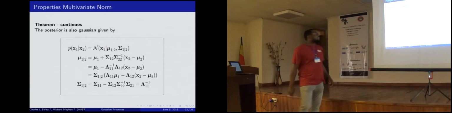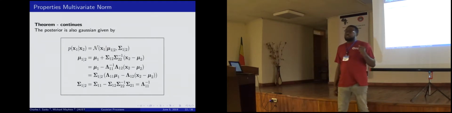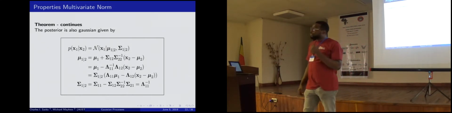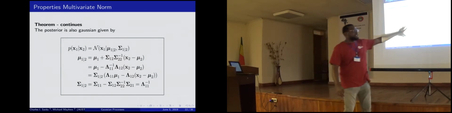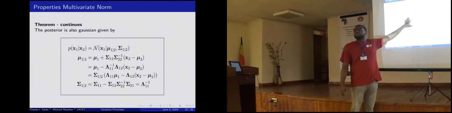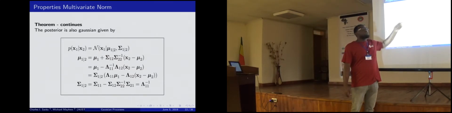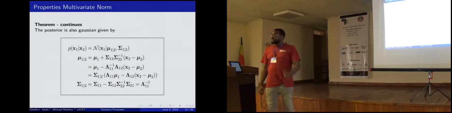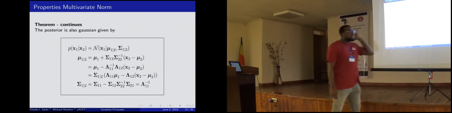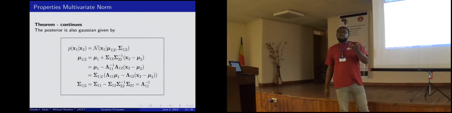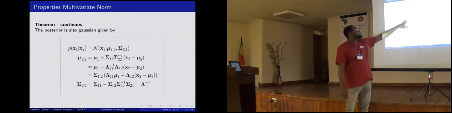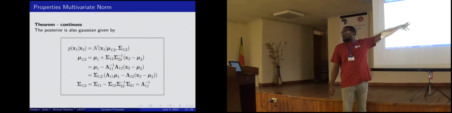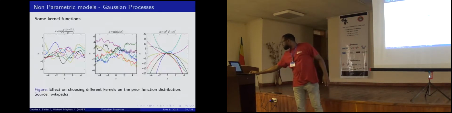It says if our likelihood is a Gaussian and the prior is a Gaussian, then the posterior is a Gaussian defined by this formula. So basically, if I want to get a prediction, I'll have that notion in my head that my posterior is a Gaussian, and just do substitution. And this is what I have here.